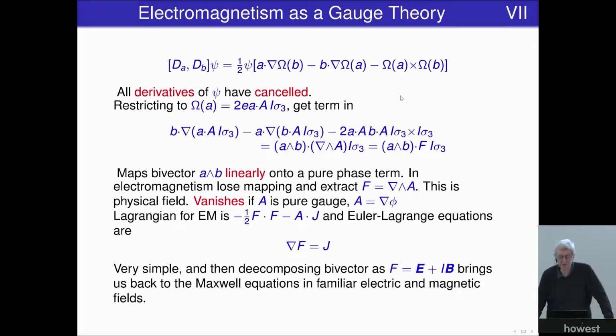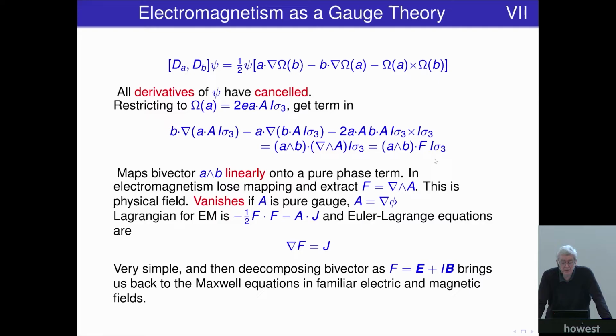So that's not going to give anything. And that corresponds to electromagnetism being what's called an abelian theory, where these bits of the connection cancel, and you're only left with this gradient bit here. You work out the gradient bit, and you find that it's equal to A wedge B dot F, where F is the curl of A, times I sigma 3.